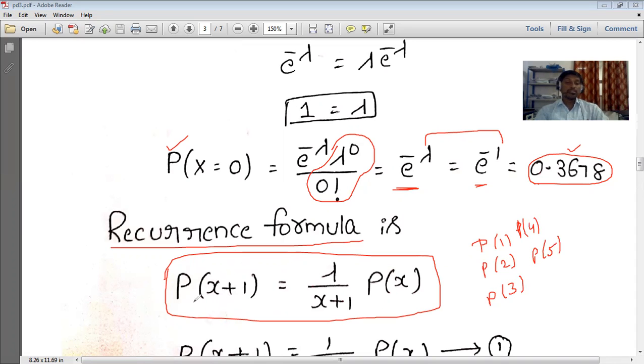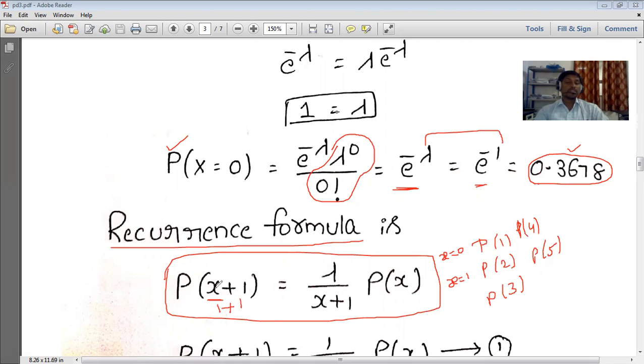But here it is p of 1 we require. For getting p of 1 here, what do we have to substitute in place of x? 0. So by substituting x is equal to 0, we get p of 1 in the recurrence formula. In the same way, for getting p of 2, we have to substitute x as 1. Why? Because 1 plus 1 is equal to 2.